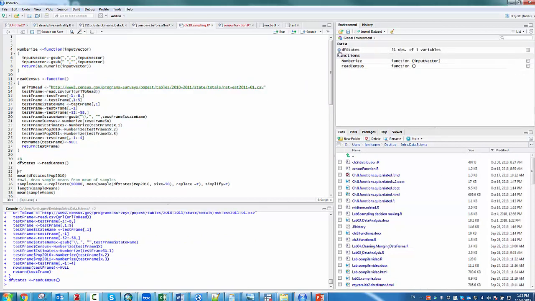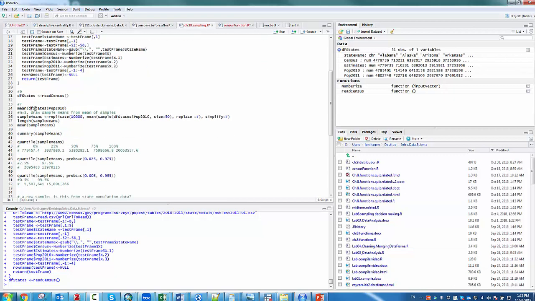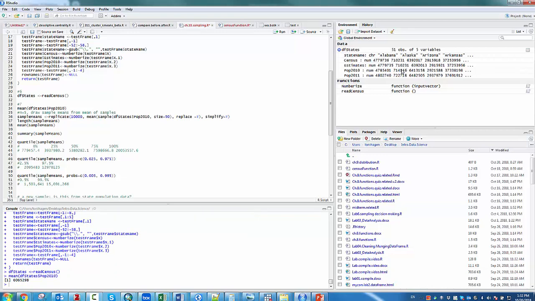We have df states created, which has 51 observations, 51 states basically, and 5 variables. That's our data frame, and the mean population of the 2010 data is, let's see, 6.6 million, the mean population of US states.